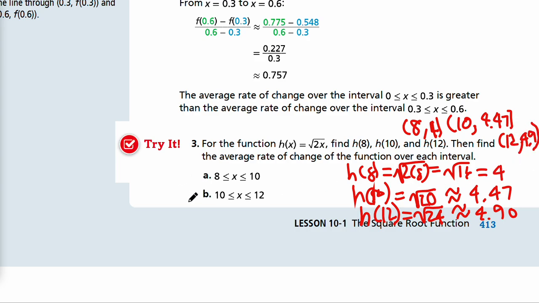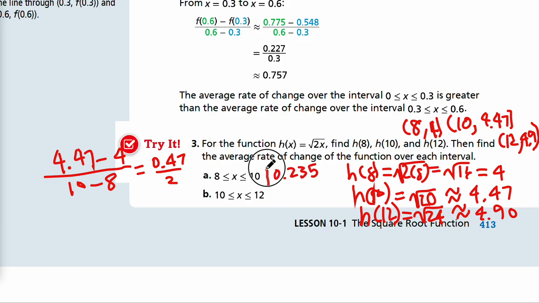You can figure out the average rate of change for each interval using these points, these endpoints, right? So for part A, the average rate of change between the interval 8 to 10 would be 4.47 minus 4, which is 0.47, over 10 minus 8. That's 0.47 divided by 2, which is about 0.235.